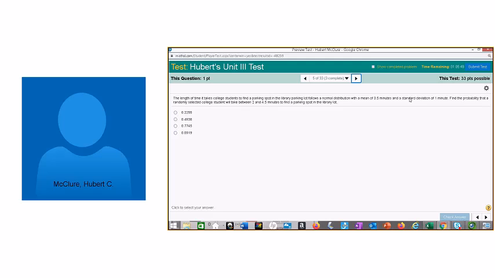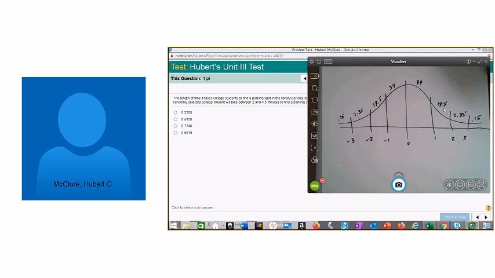So I just drew my handy dandy drawing. We'll make it a little bit smaller so I can fit it on the page a little bit better.